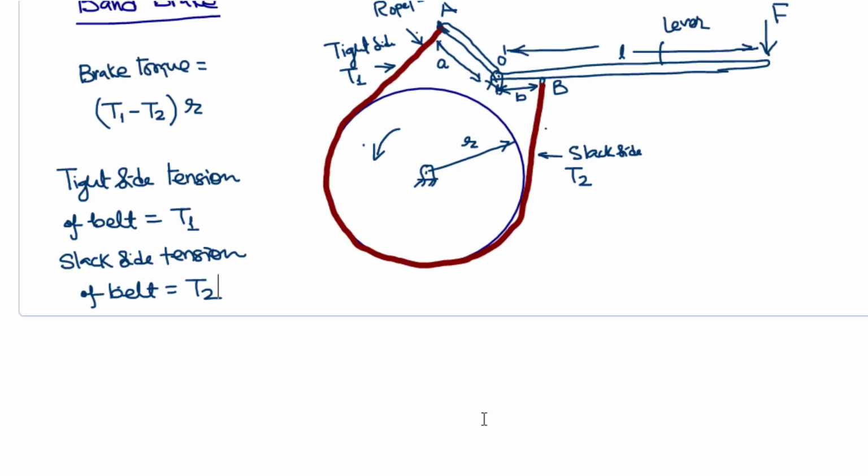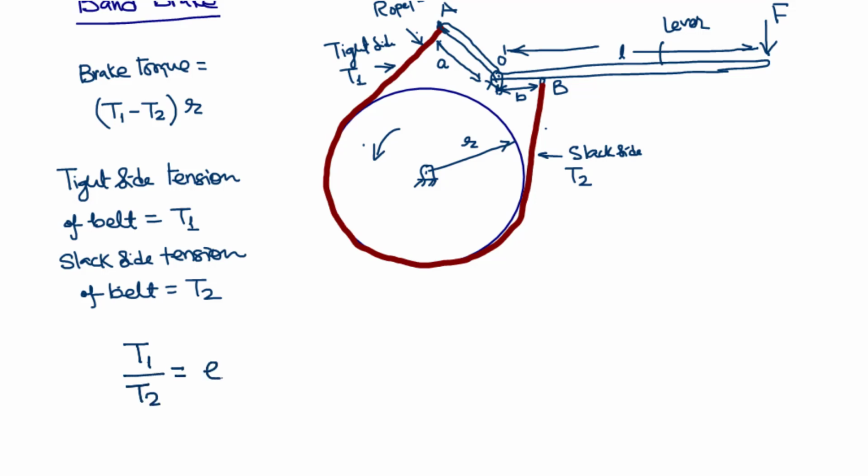Now the tension ratio, T1 upon T2, is equal to e power mu theta. Mu is the coefficient of friction between belt and brake drum, and theta is in radians.